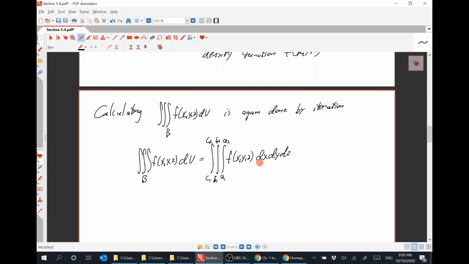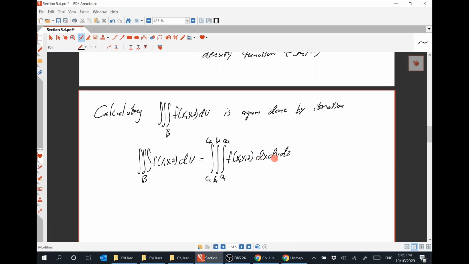So you do the antiderivative with regard to x, holding y and z constant. Then you do the integral with regard to y, holding z constant. And then you do the integral with respect to z. And at each step, that variable goes away. After the first step, the x goes away, and you're just left with y and z.